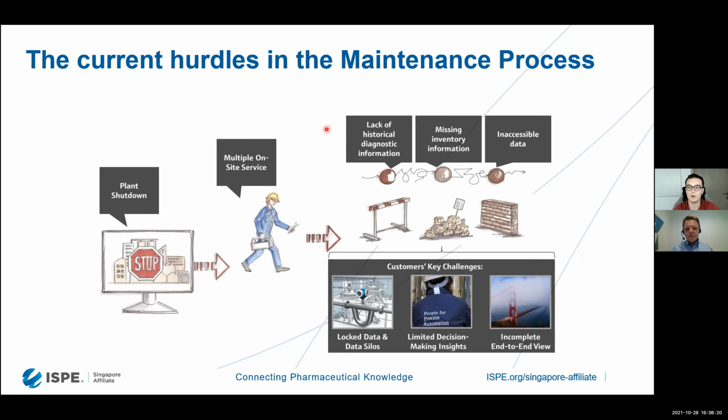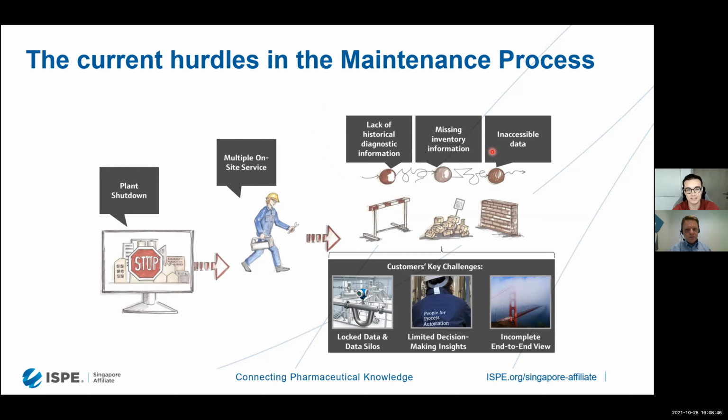And the biggest issues you have are the lack of historical diagnostic information, missing inventory management information, and also inaccessible data, right? But the data are already there. They are in the field, they are in the instruments, they are maybe in a higher level of digitalization, for example, but it's a challenge to get them.